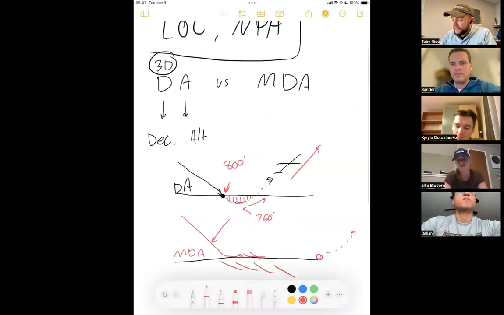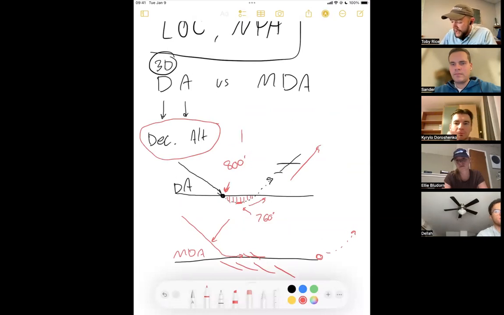But anyway, that is a decision altitude, and your ILS approach is going to have that, and LPV, those types of vertical navigation approaches, and there are some more as well.